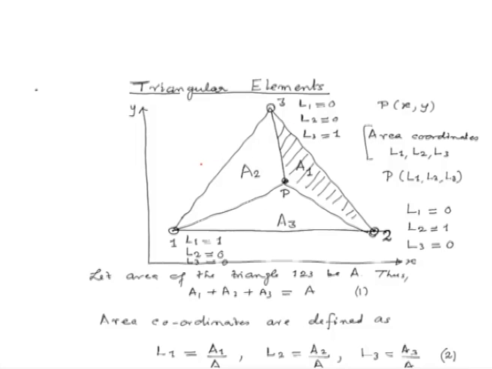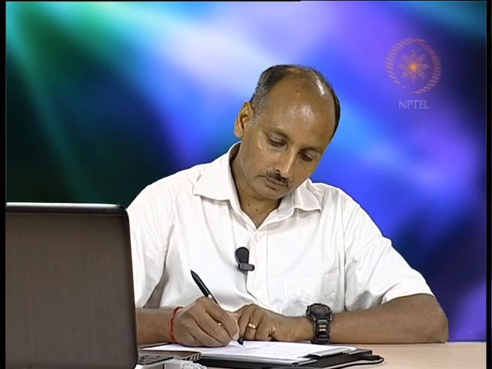So, line 1, 3 represents the L2 equal to 0 line, line 1, 2 represents the L3 equal to 0 line, and the side 3, 2 represents the L1 equal to 0 line. So, this is our definition of the area coordinates.